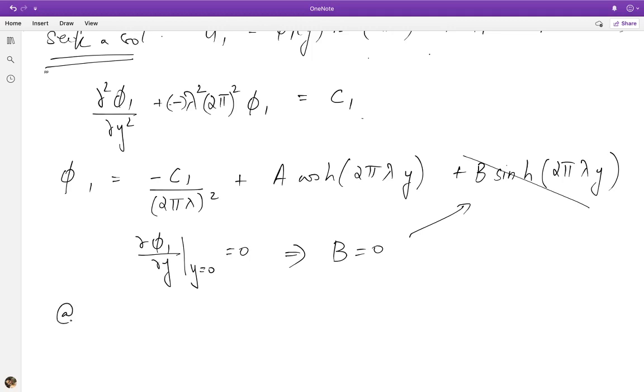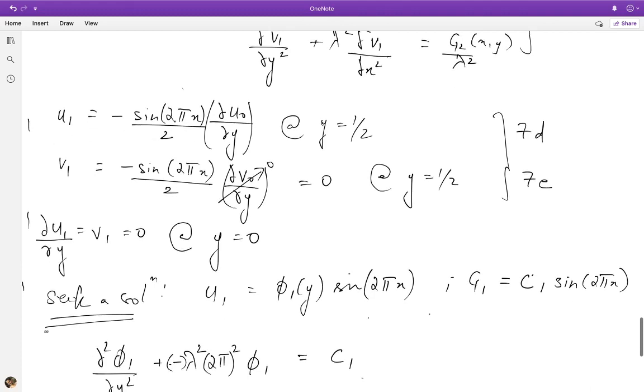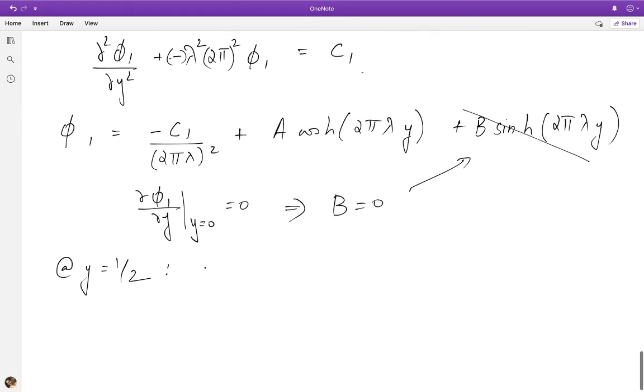So at y equals half, of course, I have the next boundary condition, which is just the condition specified here. So if I substitute u1, and this is by construction, of course, this will be φ1 sin 2πx. The sin 2πx cancels from both sides.